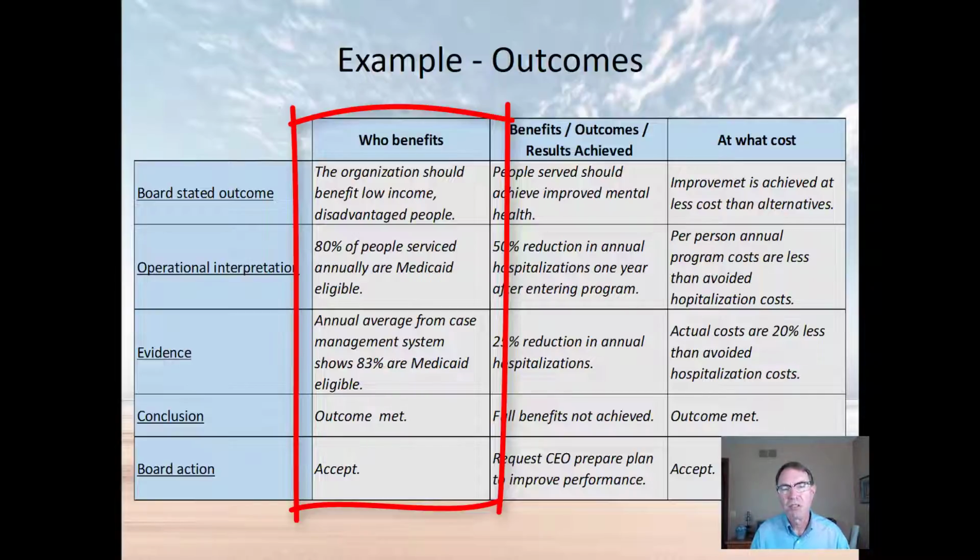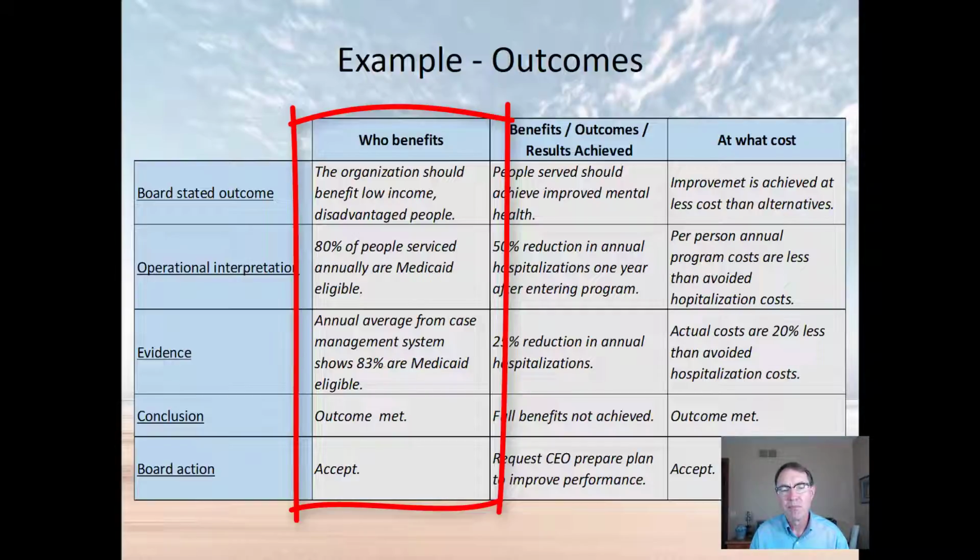The operational interpretation by the CEO might be something like 80% of the people we serve annually are Medicaid eligible. So that indicates that they're low income. Not everybody served as low income meets that test, but that's a good indicator or interpretation of the outcome.